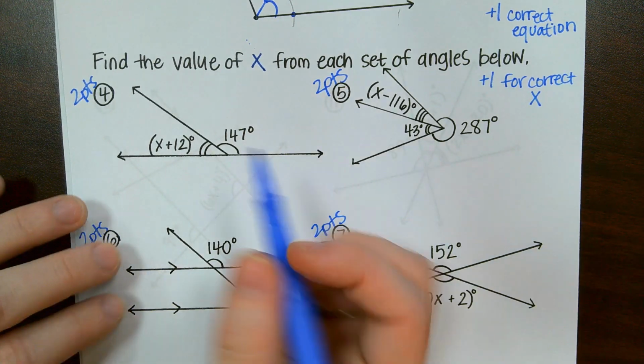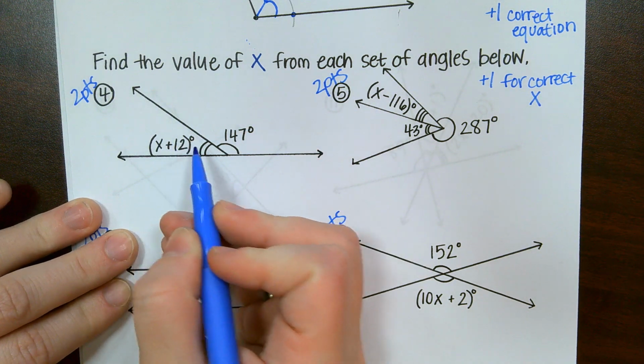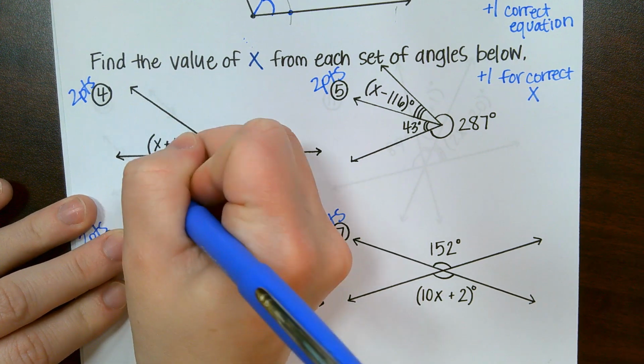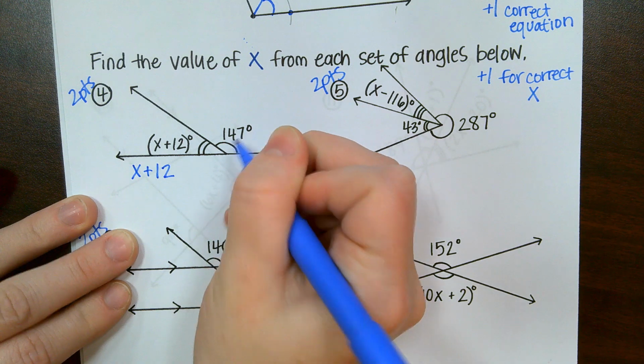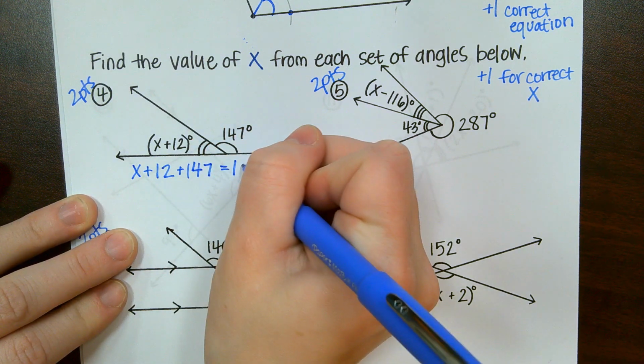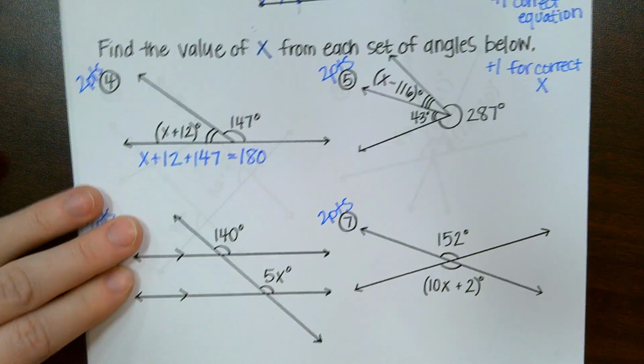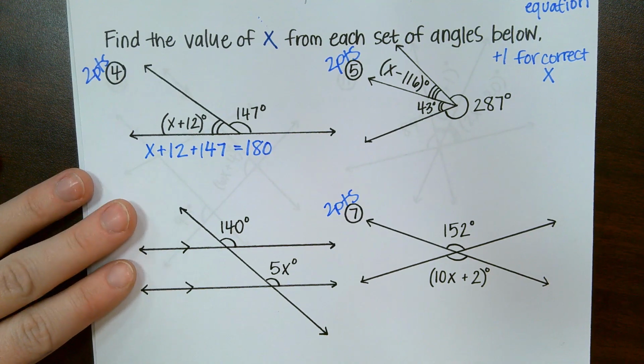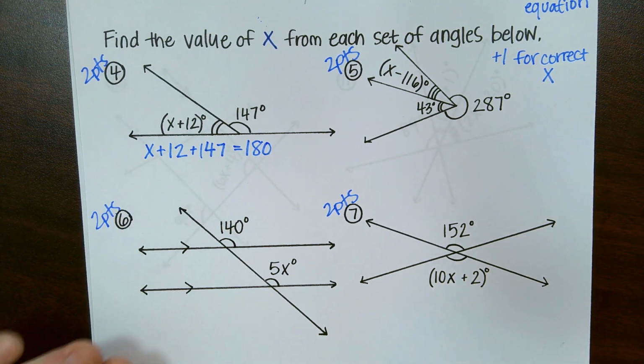So let's write that as an equation. X plus 12 plus 147 equals 180. All right. So there's my equation.